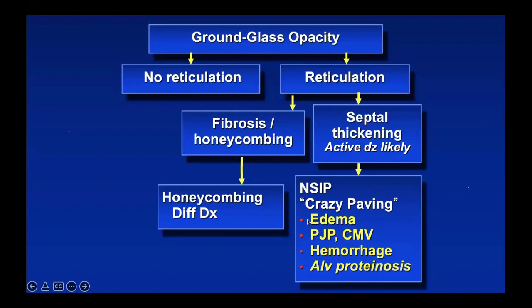And in the acute setting, crazy paving is much more common to cause an acute disease like edema, atypical pneumonia, or hemorrhage. Alveolar proteinosis is the classic association, but that is really rare. And when we see crazy paving, it's usually not alveolar proteinosis. It's usually one of the others, and it's more acute.